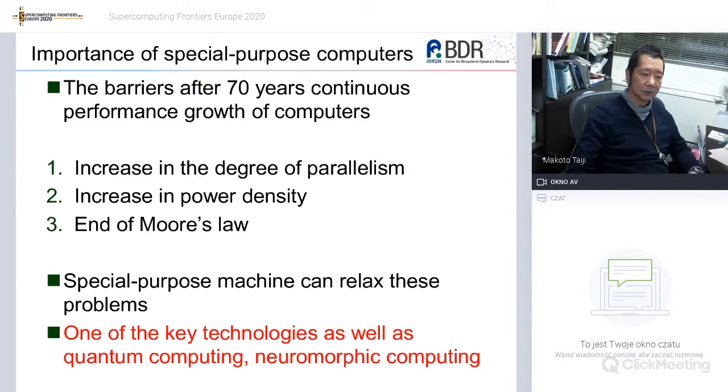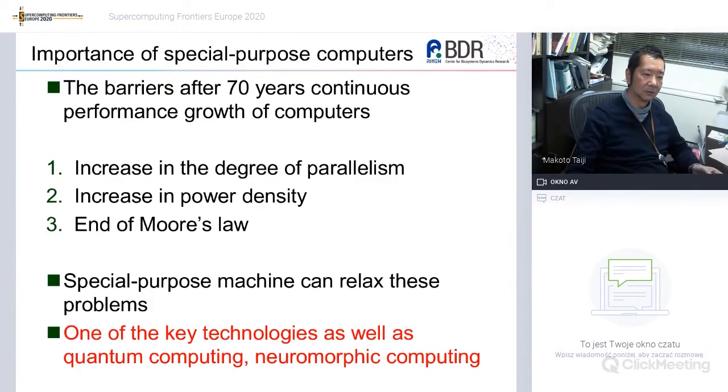Currently we are developing special purpose machines, mostly for 3 reasons. Currently we have some barriers to performance growth of supercomputers. First is the increasing degree of parallelism. Second is power density.